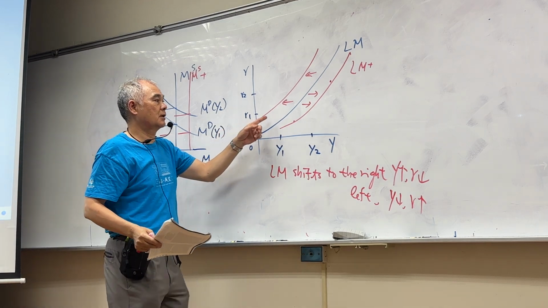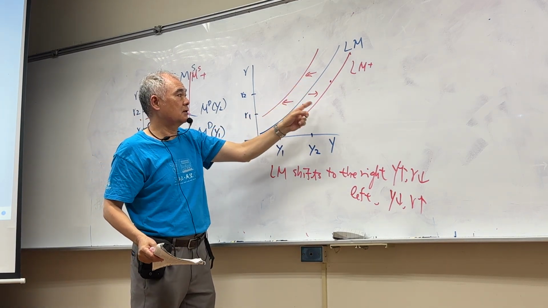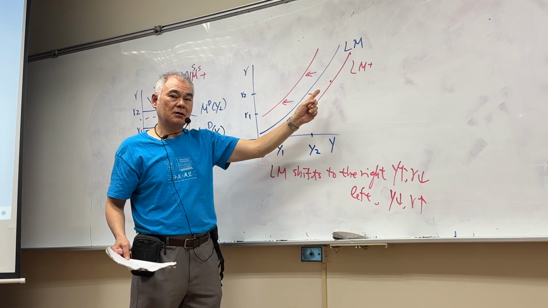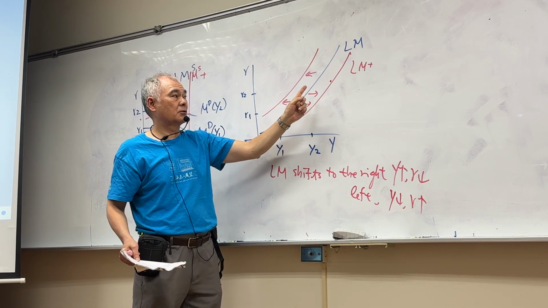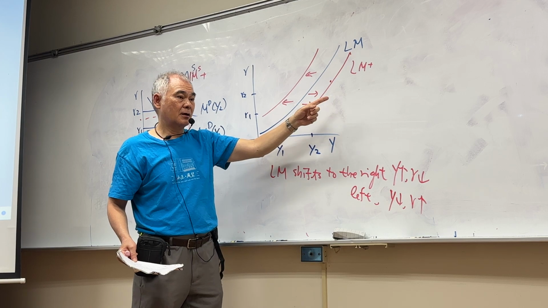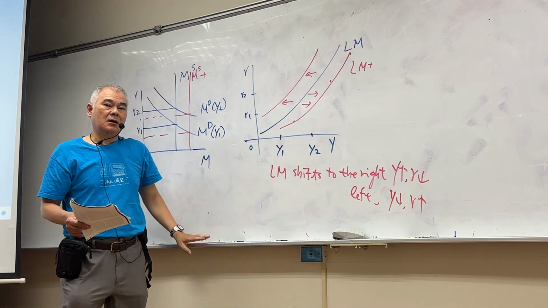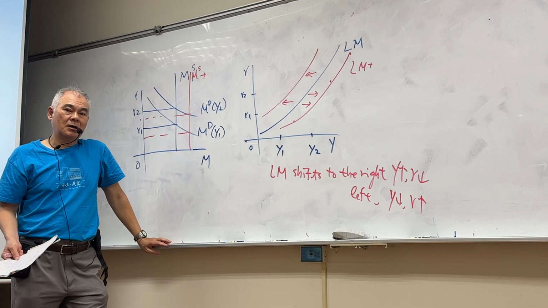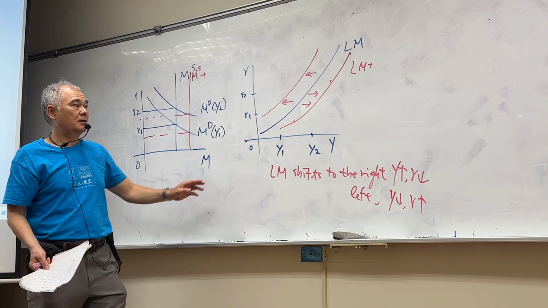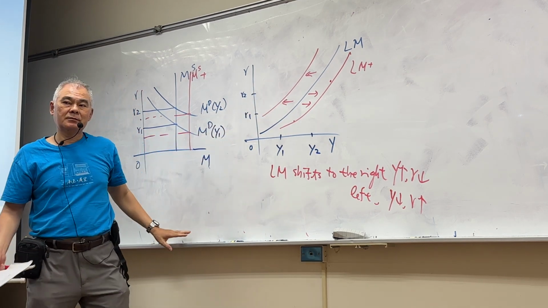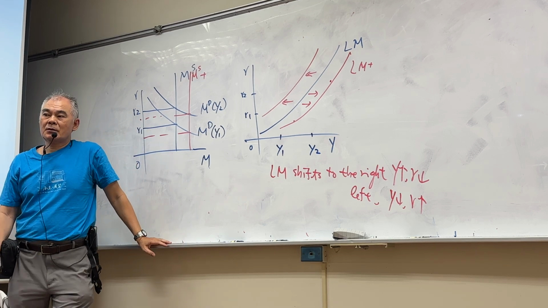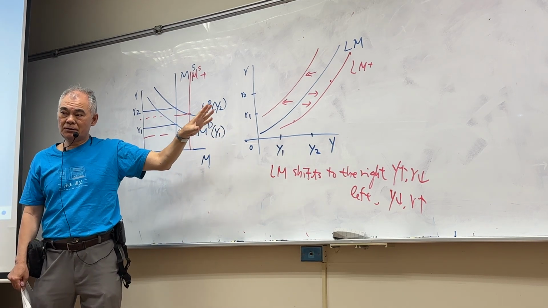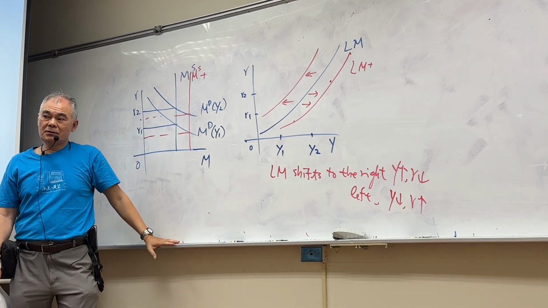So expansionary policy will shift the LM curve to the right. And if it is contractionary policy, you reduce money supply, then it shifts to the left. Questions? All these are not in the book, so you need to be careful about all these.